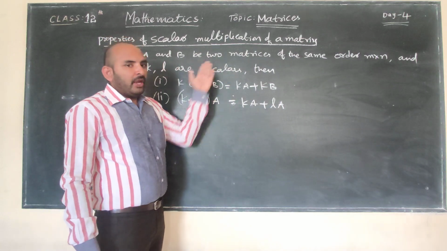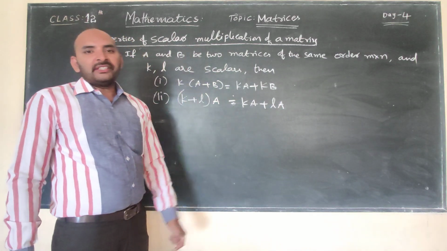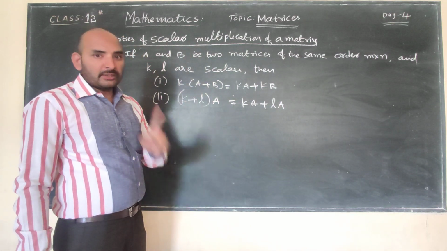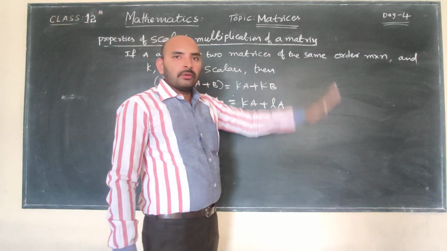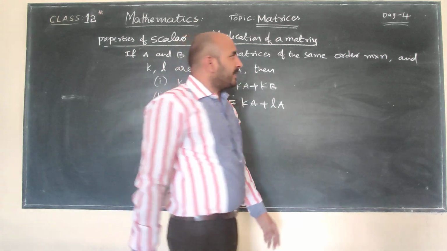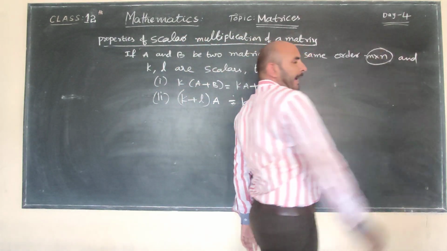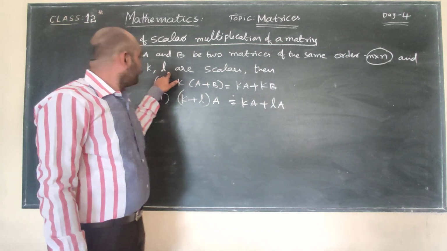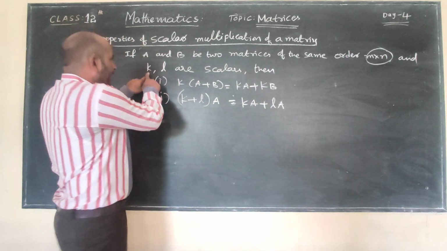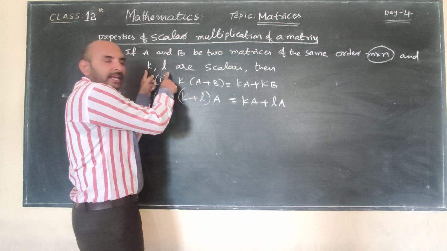So here A and B are any two matrices with the same order. Orders must be the same, remember. Let us say M cross N, and K and L are any two scalars. K is a scalar, L is also a scalar.